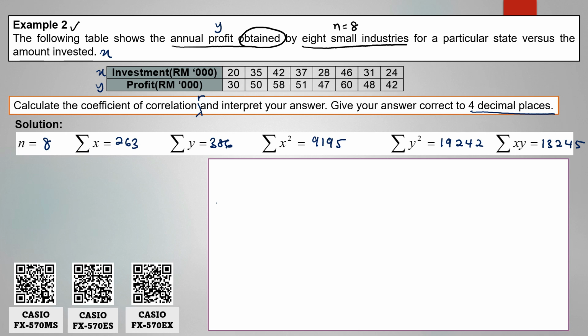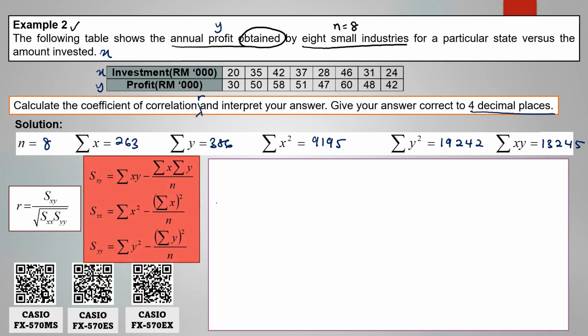And then please remember the formula for R is SXY divided by square root SXX times SYY. And then the formula for the respective S is here. So let's find SXY.